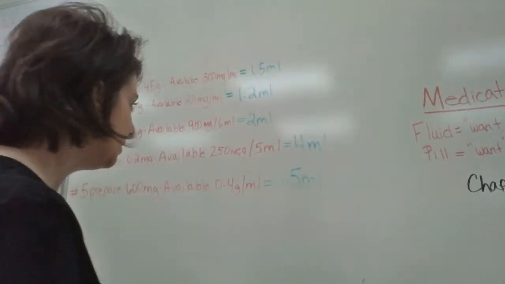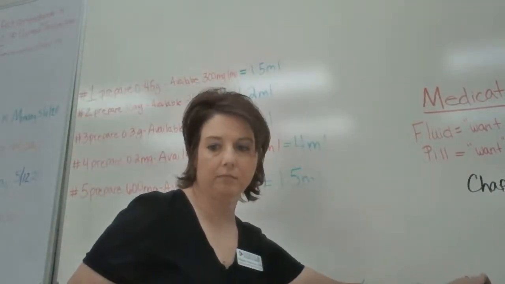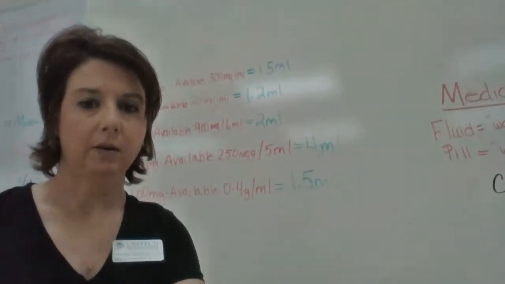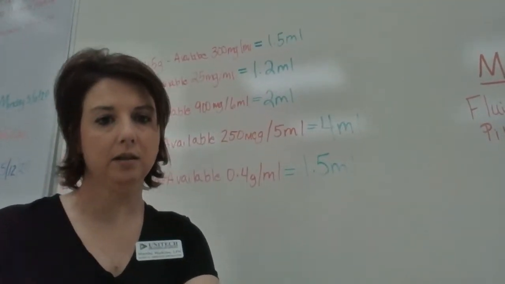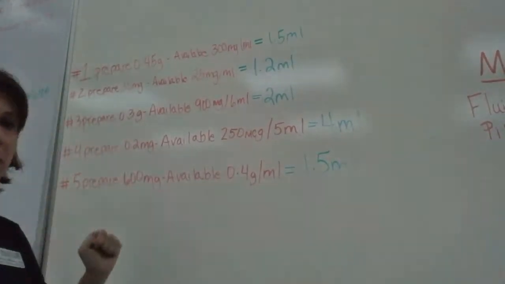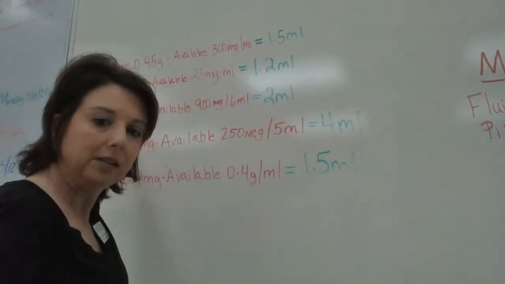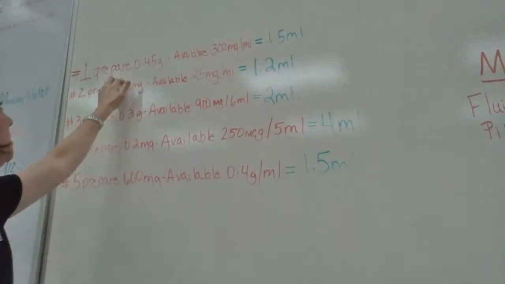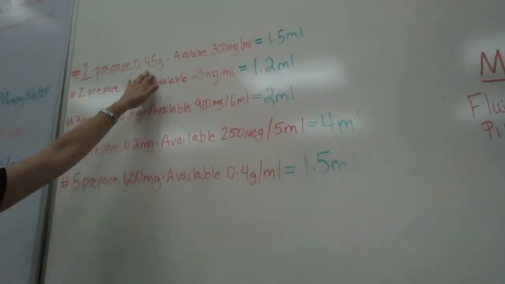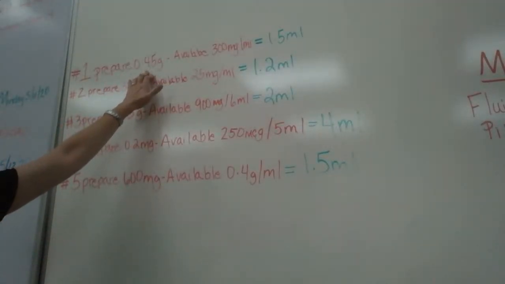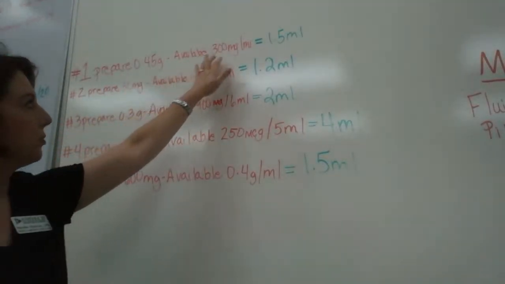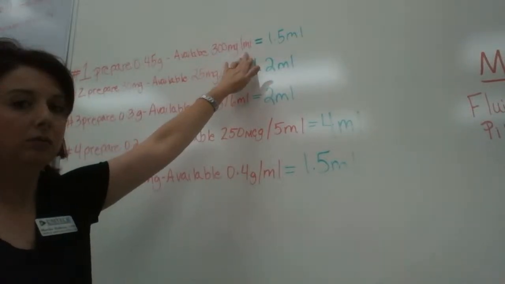Okay. So I'll move it closer just a tiny bit. So your first problem here, I know you can't see me, but you can still hear the sound of my voice. You had to prepare 0.45 grams. What you had available was 300 milligrams per 1 mL.